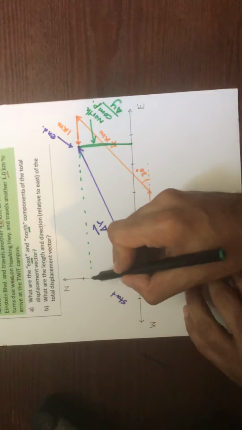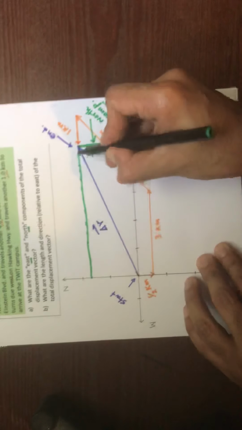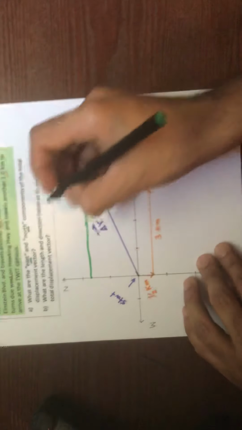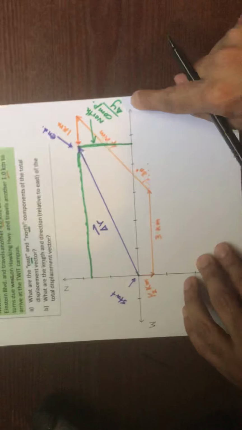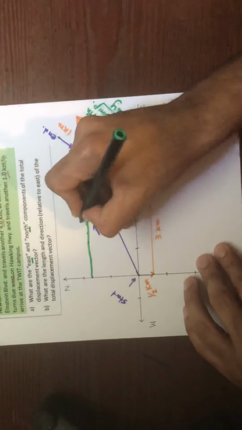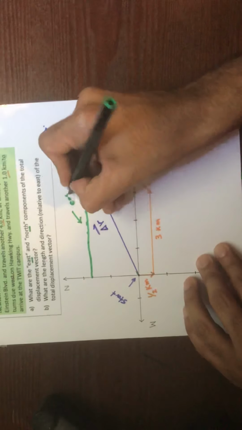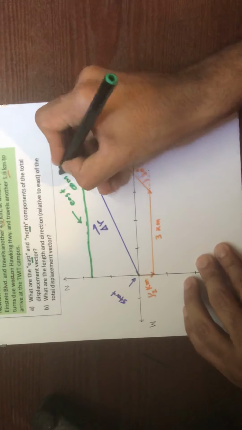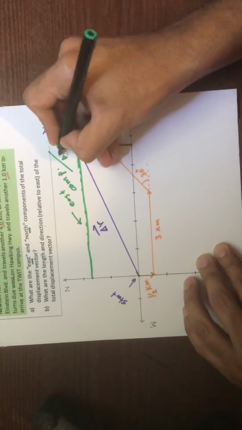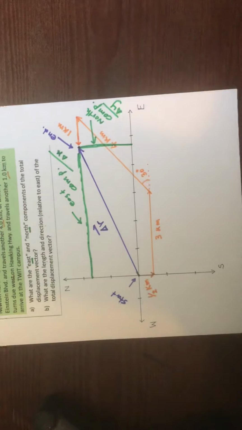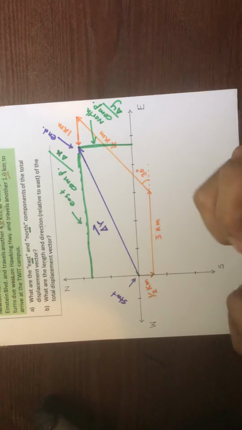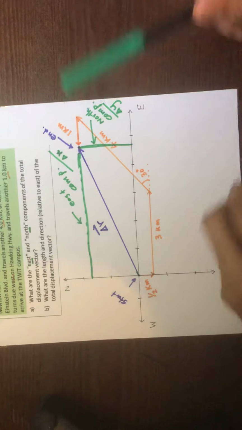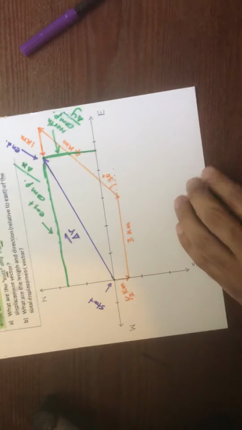If I get this length right here, this is the east component. In other words, this is my delta x. That's all we need. So let's go ahead and do the math.